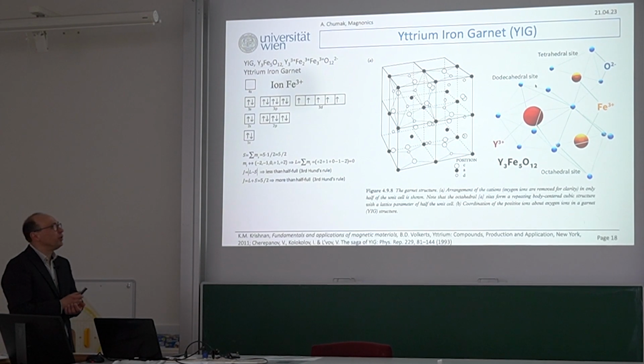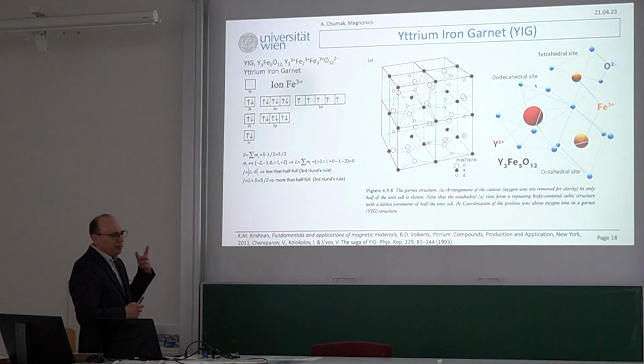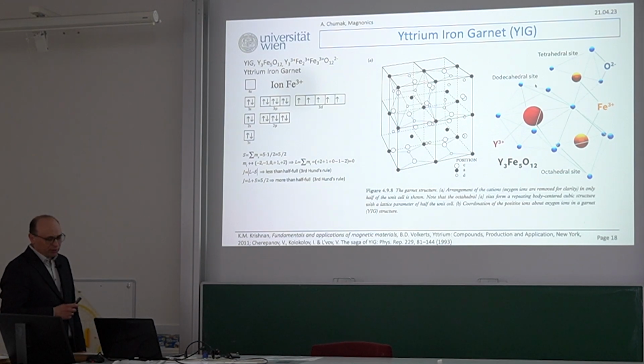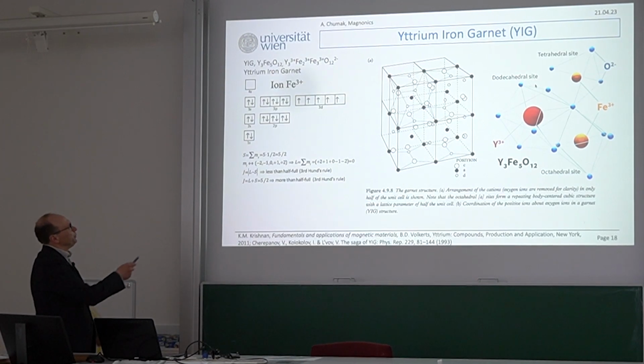It's a material with the smallest damping, which is very attractive till now, and it's used in many different approaches, in quantum magnonics, for RF applications, and for many others. We also use it in our group.